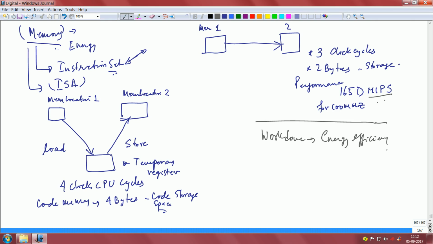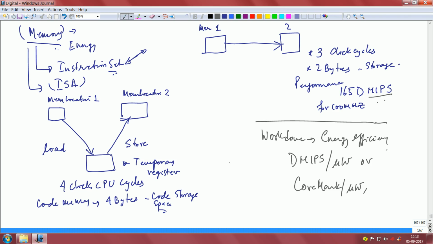So, in other words, people actually talk about DMIPS per microwatt, or some people say CoreMark per microwatt. Essentially we are talking about the work done with a limited amount of energy.